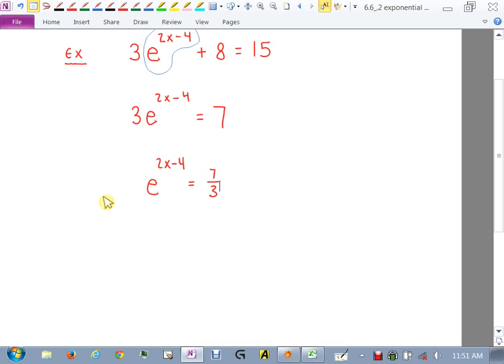So this is where you take natural log on both sides. That's critical. If on your next step on a test you write 2x minus 4 and then just pull it down out of nowhere, you're not allowed to do that. But if you come in with a natural log on both sides first, you have to do it to both sides.